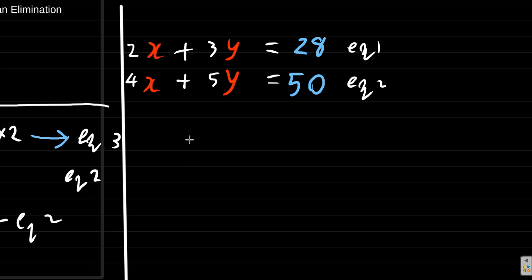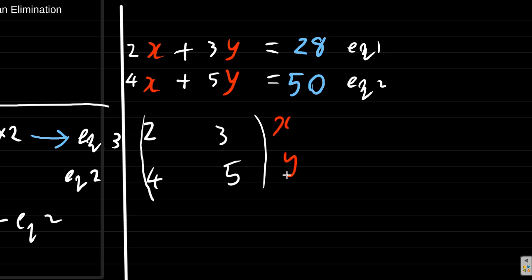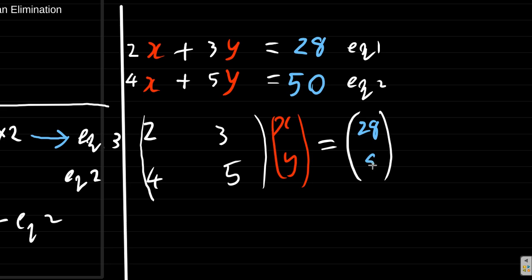You have 2, 3, 4, 5 in matrix form. You would have x, y would be equal to 28, 50.